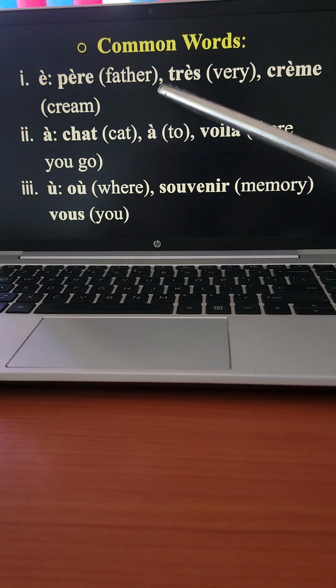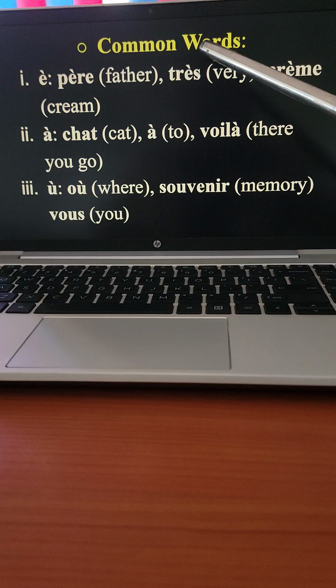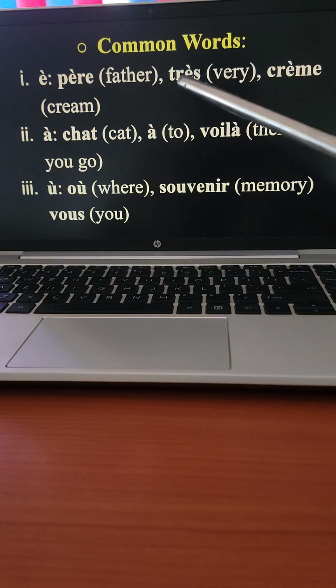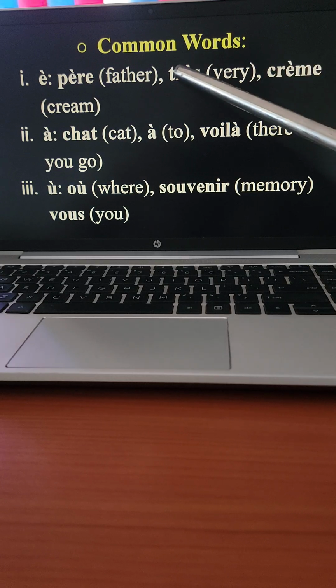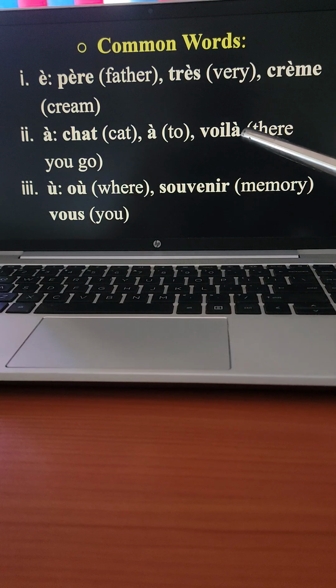So for très, if you put that accent aigu on the E, that word will be so hard to pronounce because it's going up. You see, it's very easy now to say très because the accent is coming down. It's like you're coming to land.